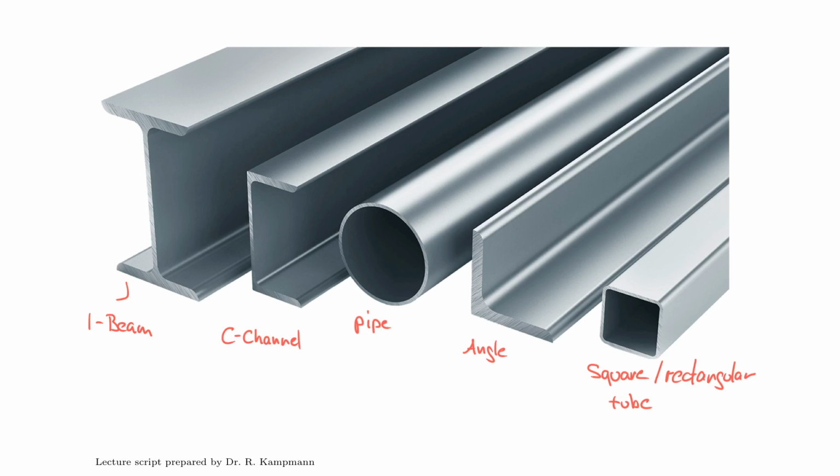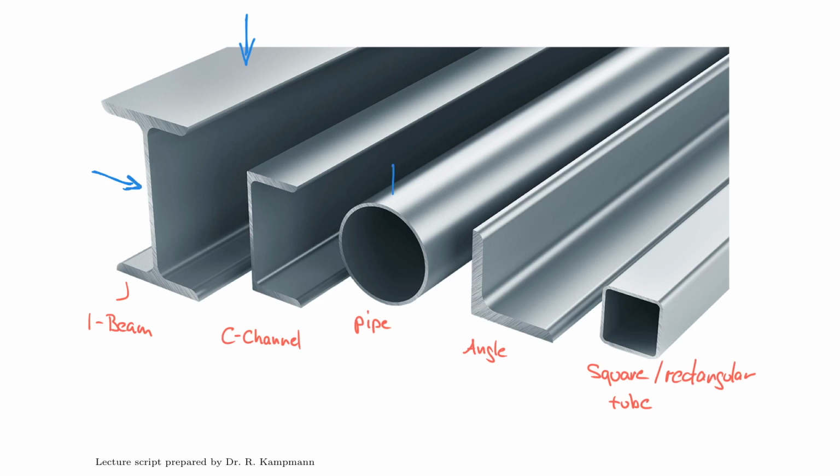And now if you paid attention, then you might already be able to tell that some of these are very good for single directional bending, whereas some of them, for example the pipe and the tube, are very good about both directions, or biaxial bending. So again, if I apply a force to this beam in this direction, the I-beam, that might be very good. However, if I apply a force in this direction, it's not as strong.